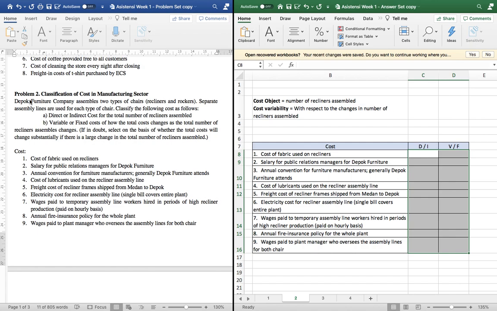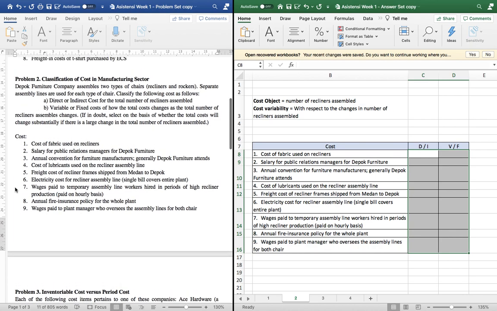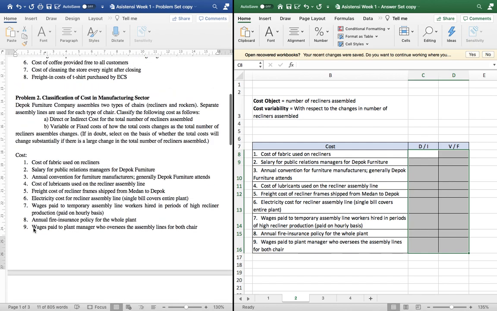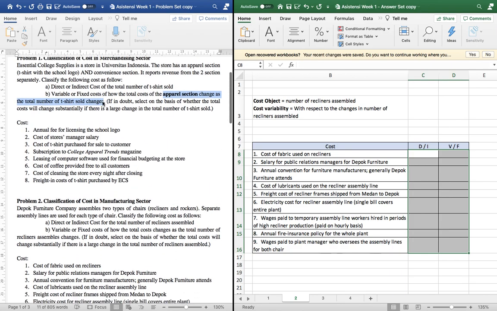Classify the following costs as follows: A, direct or indirect costs for the total number of recliners assembled, and B, variable or fixed cost of how the total cost changes as the total number of recliners assembled changes. And there are 9 costs here that we're going to classify. It is actually similar to the first problem, but the sector of the company is different. This one is for manufacturing, and the previous one was about merchandising sector.